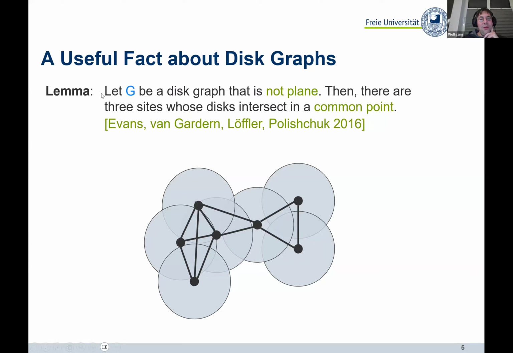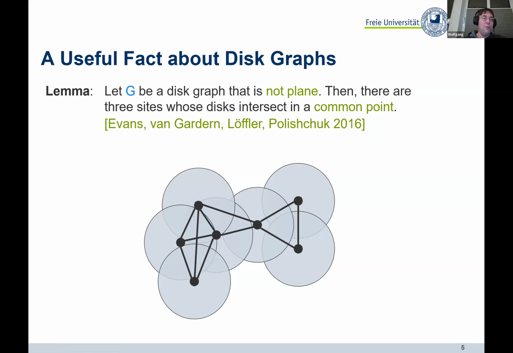Let's look at the following lemma. It says we have some disk graph G, and let's assume that this graph is not plane. That refers to an embedding, because the disk graph is defined by points and disks in the plane. So now I just draw the edges geometrically as straight lines.